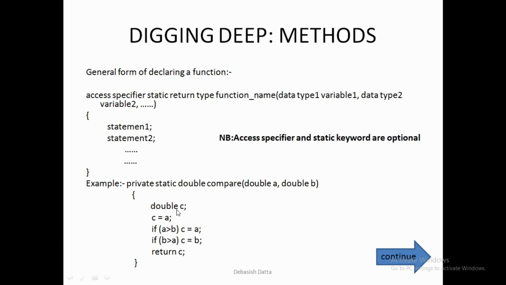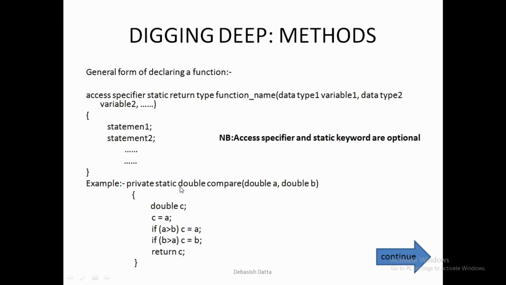Whatever we are doing here, the code for that is written inside this opening curly bracket and the closing curly bracket. The opening and closing curly brackets form an important part of this method or function. It is known as the body of the function.